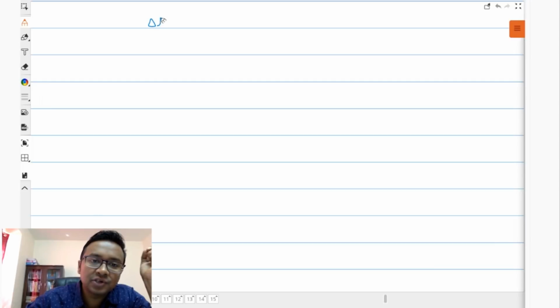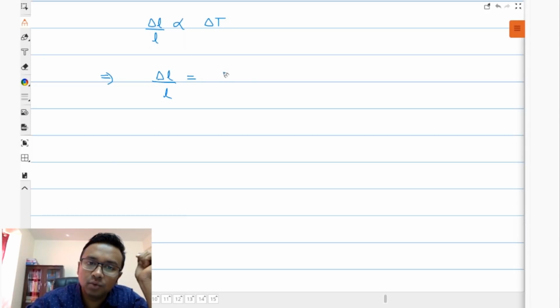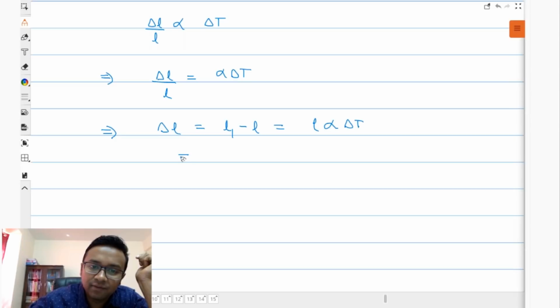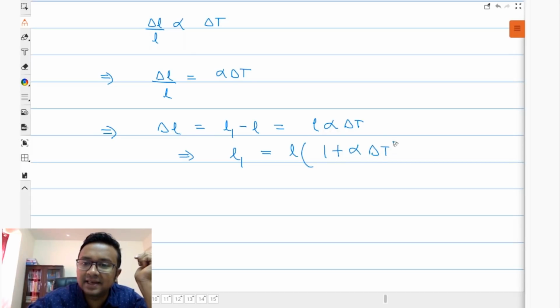Students, we know that the fractional change in the length is proportional to the change in temperature, delta T. So here, removing the proportionality sign, we are going to get delta L upon L equal to alpha times delta T, which implies delta L, which is L1 minus L, is equal to L times alpha into delta T, which is going to give me L1 as equal to L times (1 plus alpha delta T).